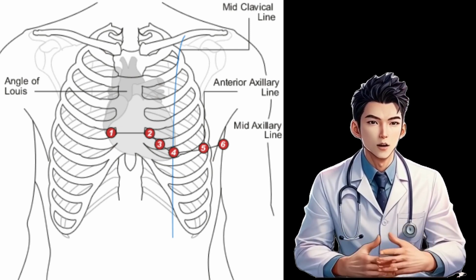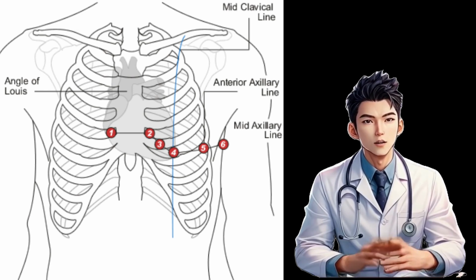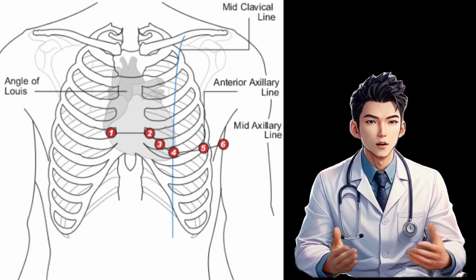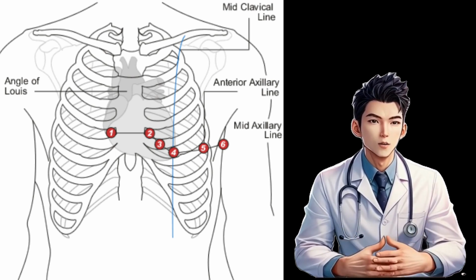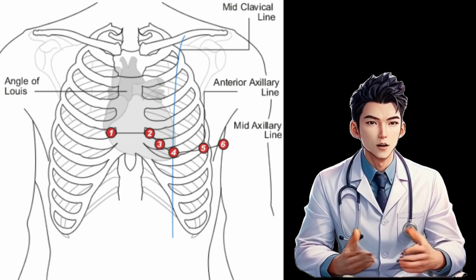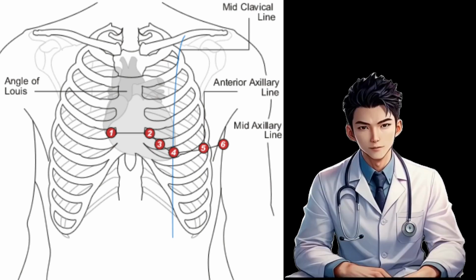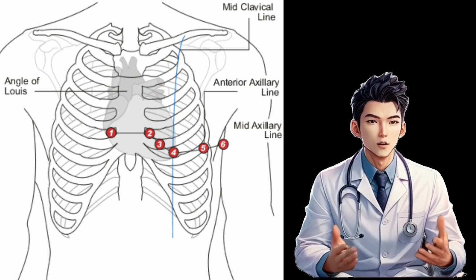You are in the fourth intercostal space on the left side where you placed V2. You palpate the fifth intercostal space and place V4 there. Then between V2 and V4, you put lead V3.